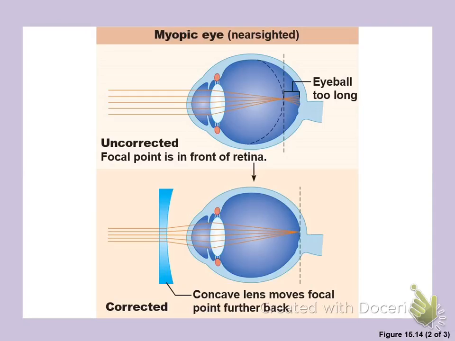That point of light doesn't hit the back of the retina properly. So what we do is we put a lens in here. We correct it. We divert that light just a little bit by looking at the corrective lens and the lens of our eye. Knowing the shape of the eye, we can pinpoint that image to the back of the retina again. And then we can see it crystal clear.